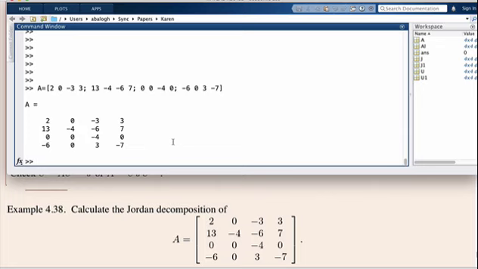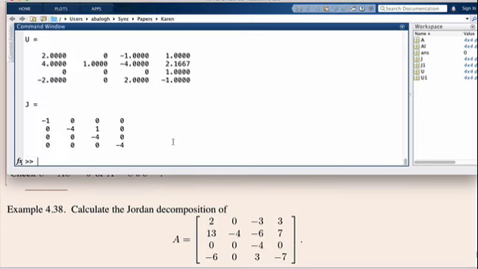And then let's calculate the Jordan decomposition. So it shows that we're going to have eigenvalues -4 and -1. You can also see that we have 2 Jordan blocks corresponding to -4. This is a 2x2 Jordan block. This is a 1x1 Jordan block. And we have another 1x1 Jordan block for the other eigenvalue.